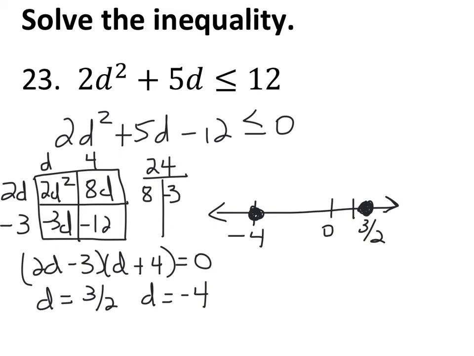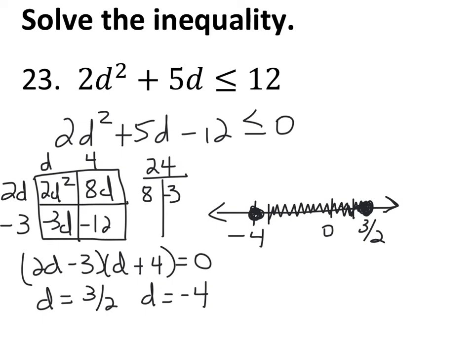And then I'm going to plug a 0 in to see if this statement is true or not. So when I plug a 0 in right here for D, I get 0 plus 0. So if 0 is less than or equal to 12, then I know that I need to shade where 0 is. So since that's true, I know that that's where I'm going to shade. So I'm going to shade here.